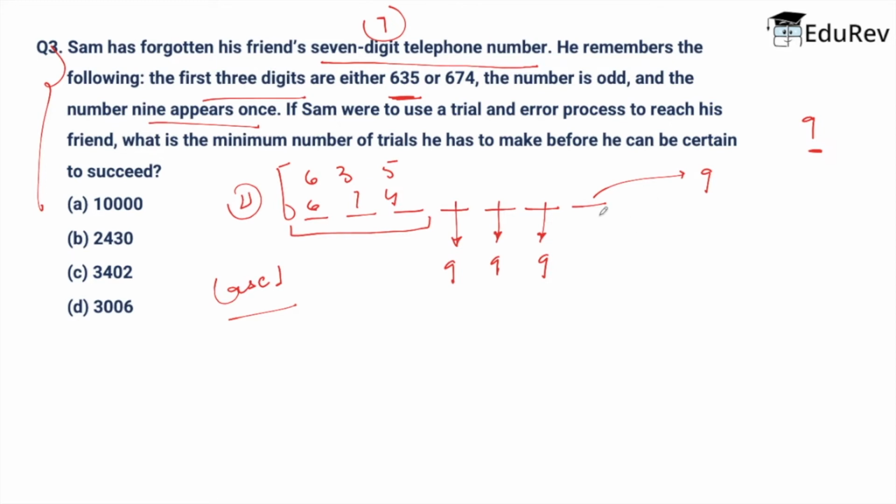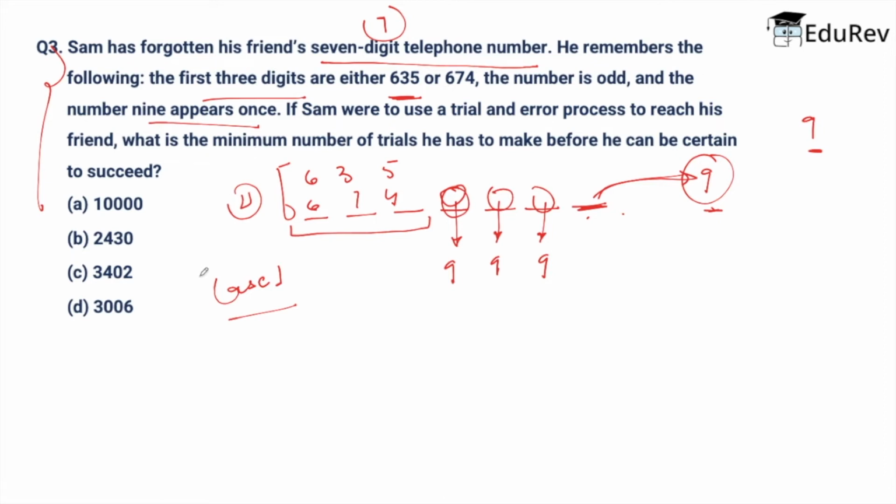Okay, this is the digit 9. Do not get confused between how many numbers we can form and the digit 9. So the digit 9 is coming at the end, whereas the number of times I can fill this place is 9, similarly 9 and 9.